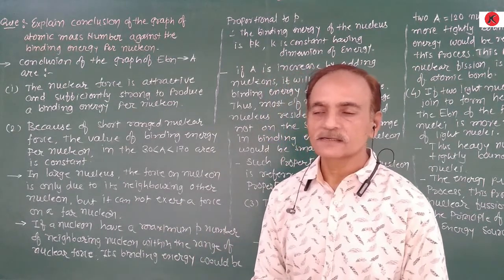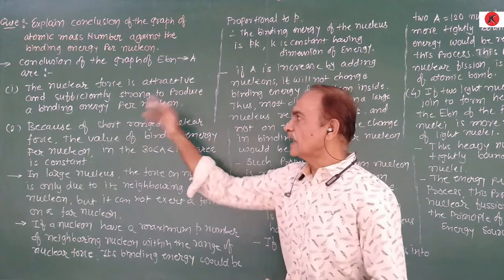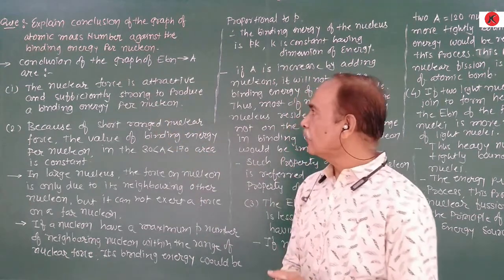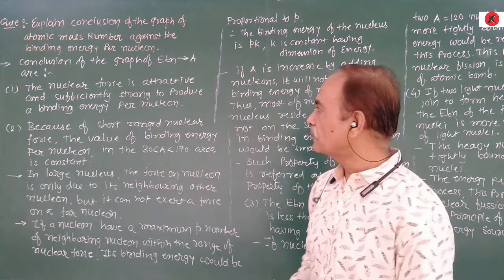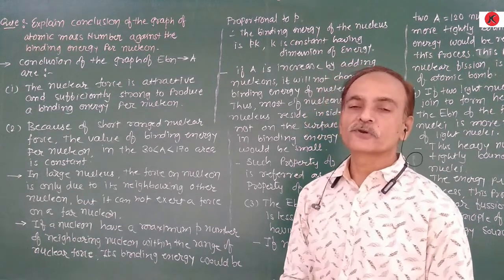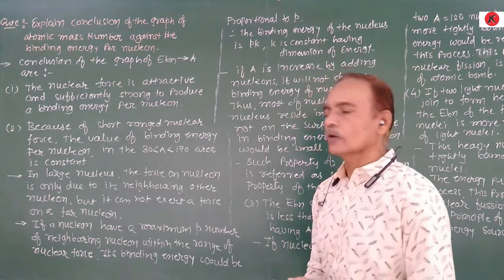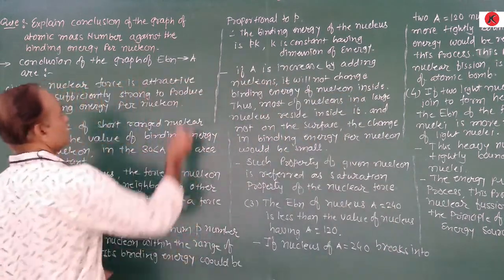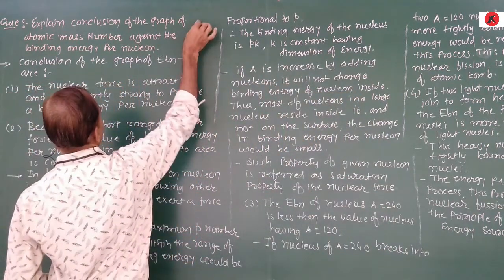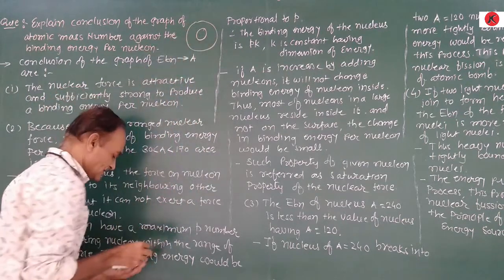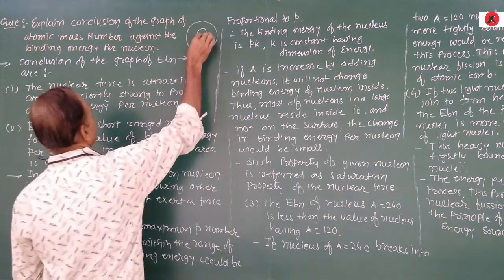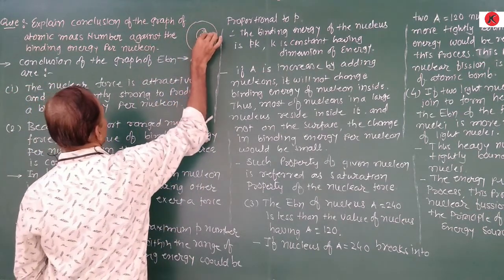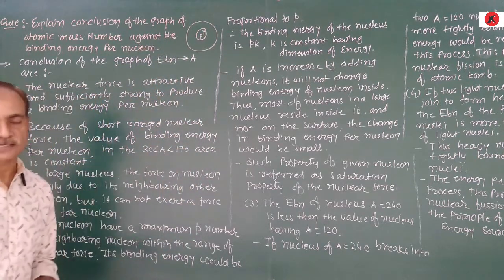Now, what are the conclusions from the graph of binding energy per nucleon versus atomic mass number? The first is that the nuclear force is attractive and sufficiently strong to produce the binding energy per nucleon. Inside the atom there is the nucleus, and inside the nucleus the positively charged protons and chargeless neutrons are present.